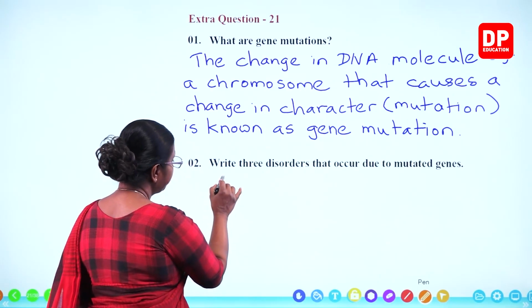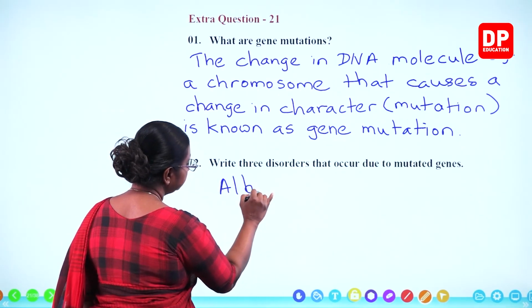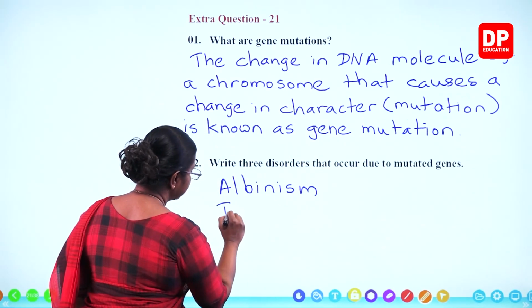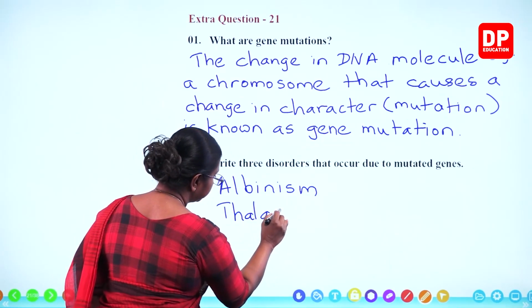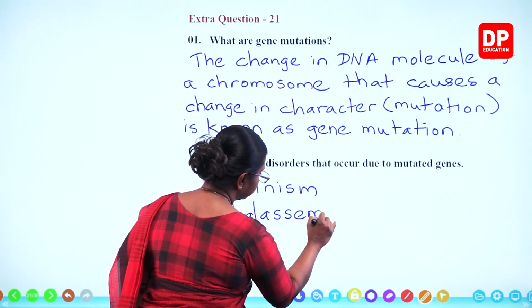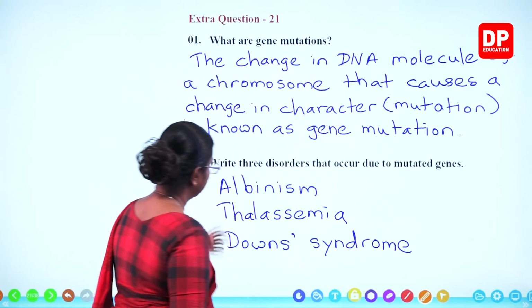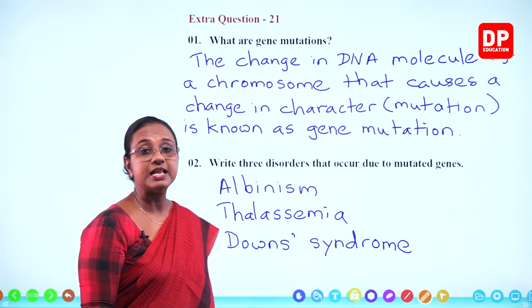So I will say albinism, then thalassemia, and Down's syndrome. Albinism, thalassemia, and Down syndrome.